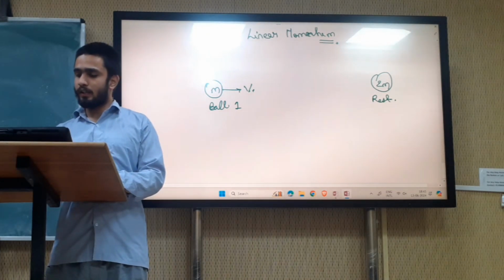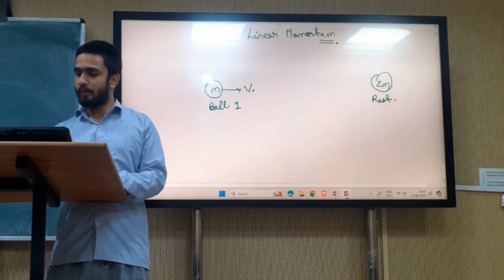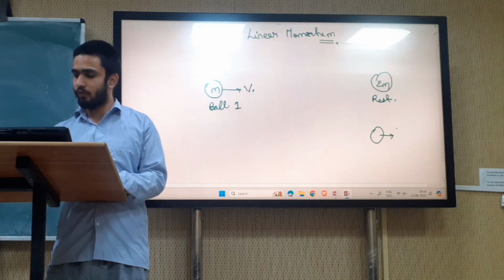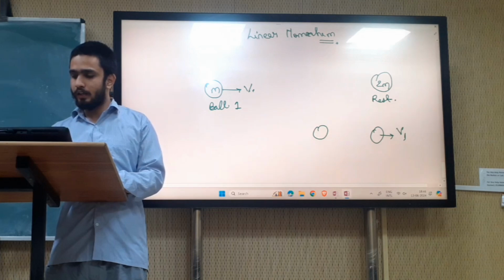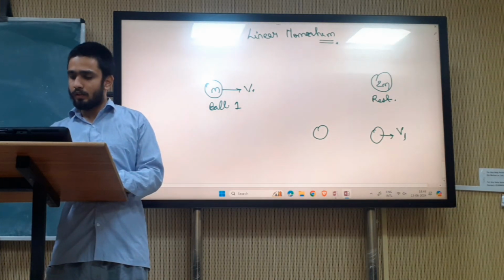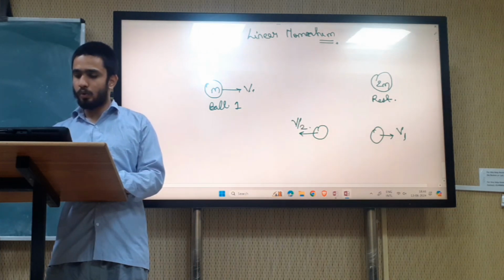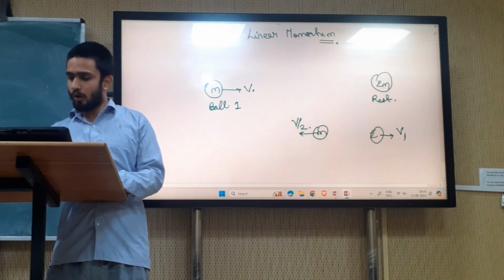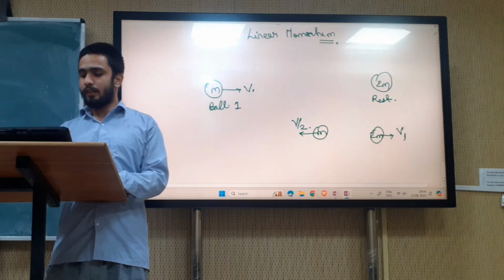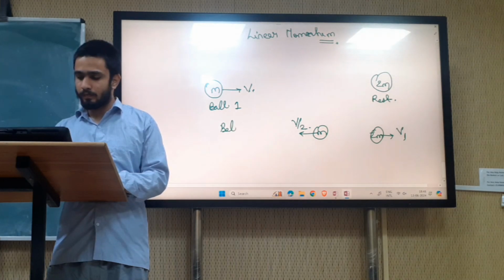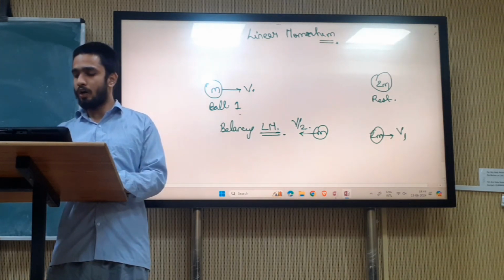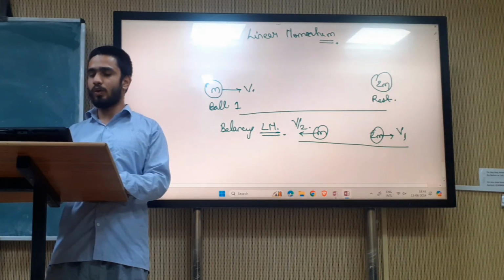After the collision, ball m moves with velocity v2, suppose v by 2, and the ball of mass 2m has velocity v1 in the forward direction. So we will balance the linear momentum here and find the velocity v1.